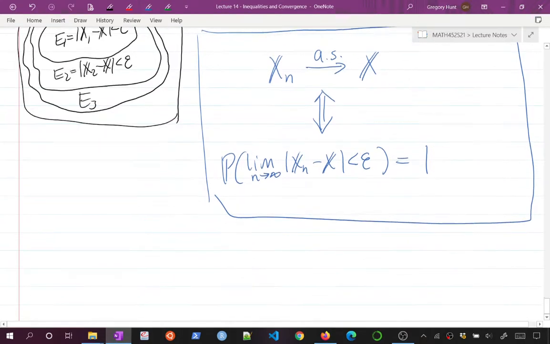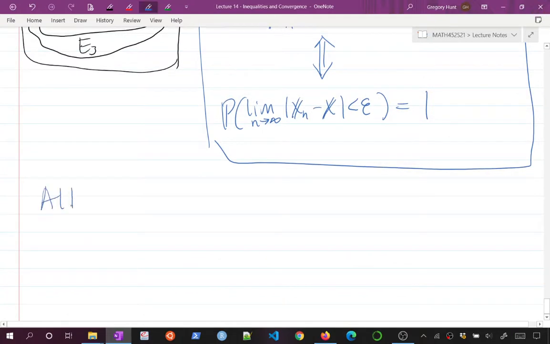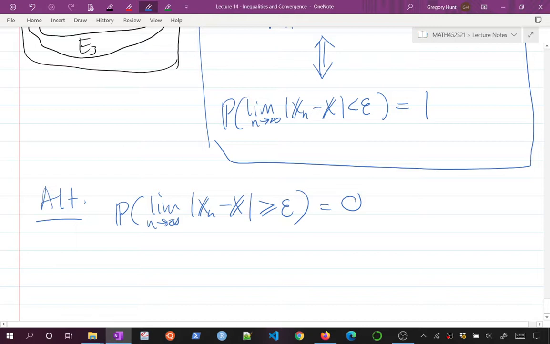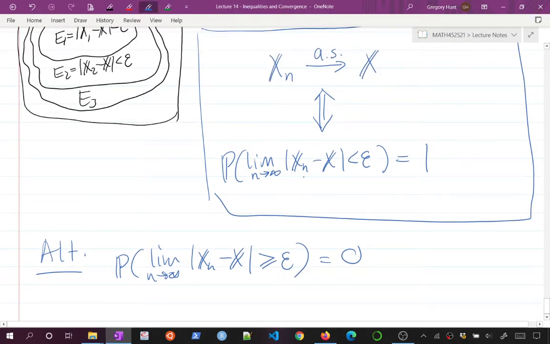So alternatively, you could say that the probability of the limit as n goes to infinity of |x_n minus x| bigger than or equal to epsilon is 0. So either way, the probability that we're less than epsilon away eventually becomes 1, or flip side, the probability that we're further away than epsilon goes to 0.